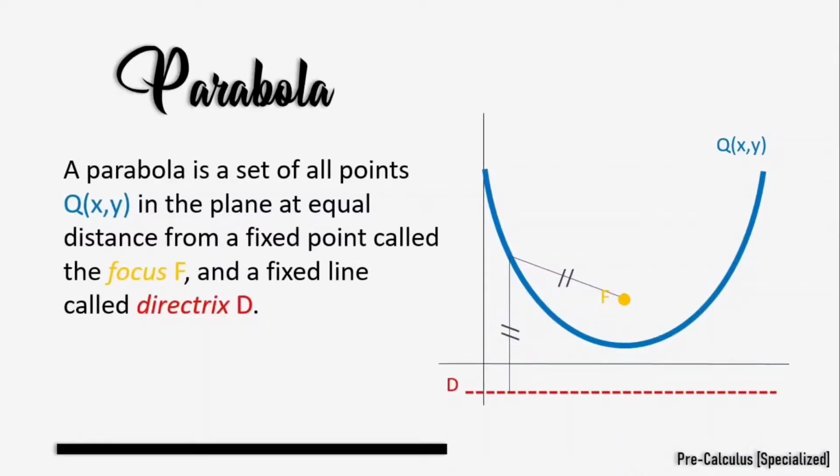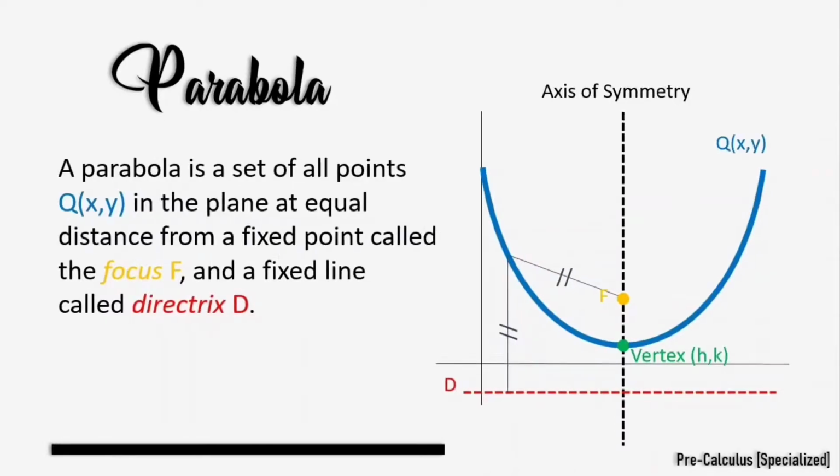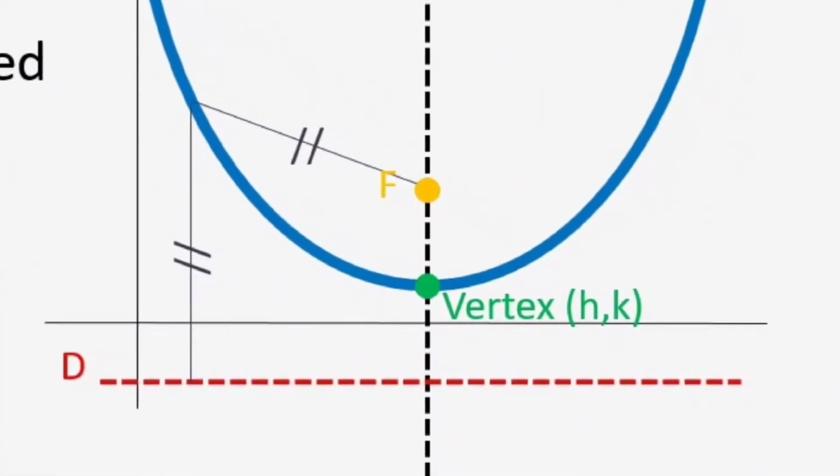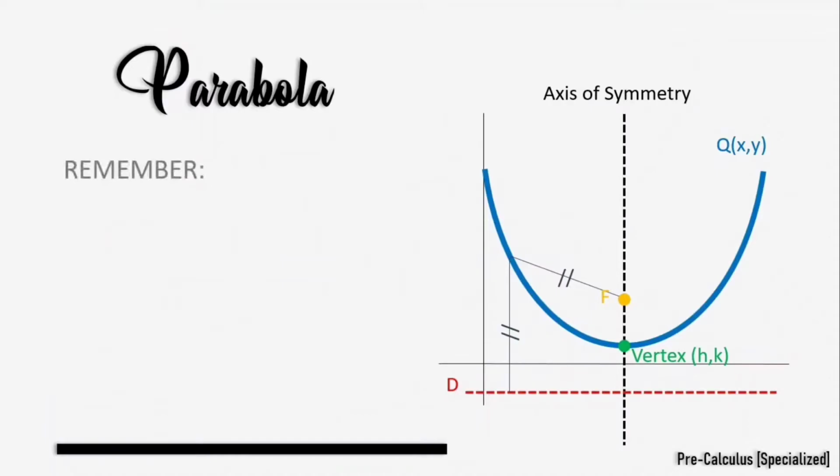The line that passes through the focus and is perpendicular to the directrix is what we call the axis of symmetry. The axis of symmetry intersects the parabola at a certain point called the vertex, or in symbol v, with the coordinates of h and k. Take note, vertex is the midpoint from the focus to the directrix.